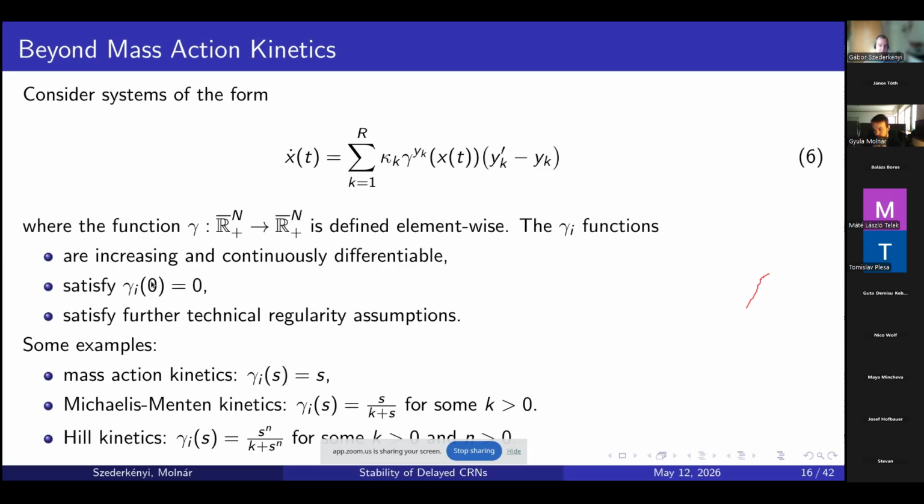In a sense, this is a restriction. They should be increasing and continuously differentiable. This property is evident, I think, and the other properties are quite technical. Using this gamma, we can handle not only mass action kinetics, but for example, Michaelis-Menten kinetics or Hill kinetics. So essentially any rational kinetics.